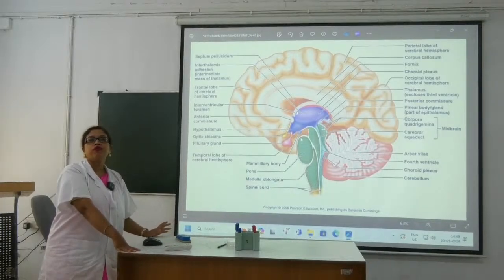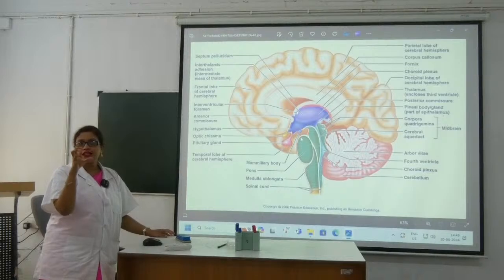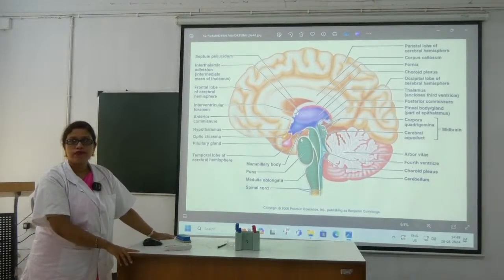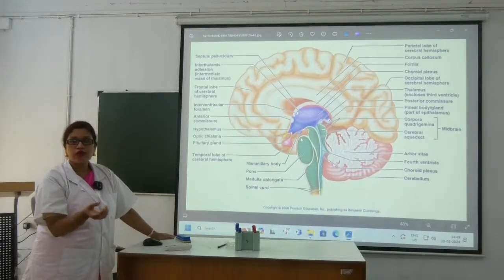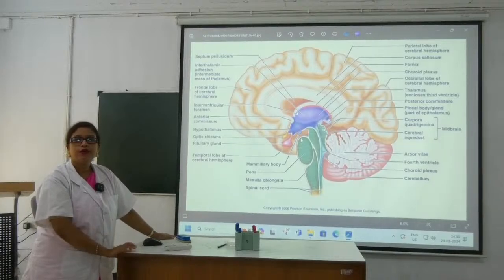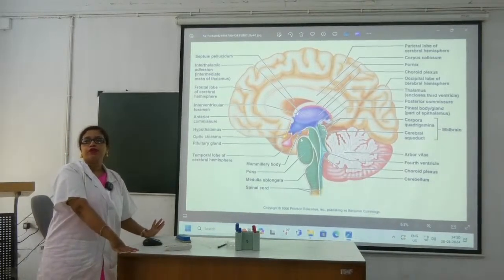Okay, what about vision? Which are the receiving cells? If you are seeing anything, the receiving cells are rod and cone cells. Then finally where does it go?